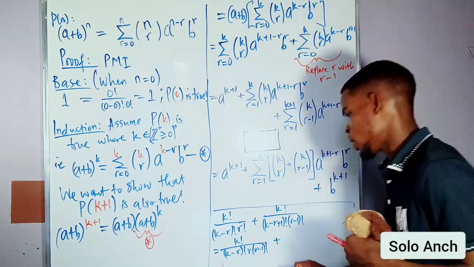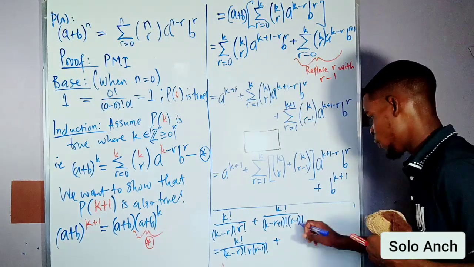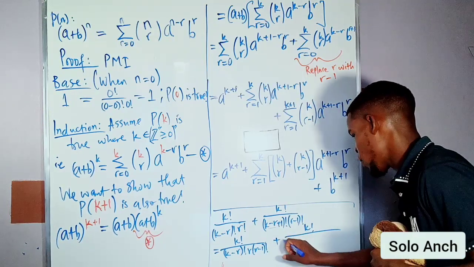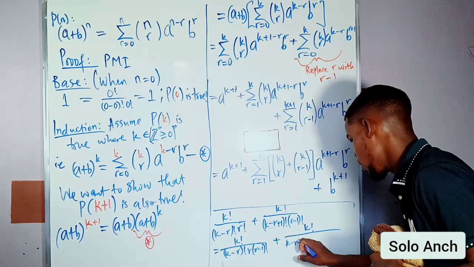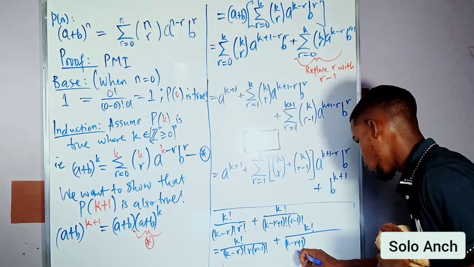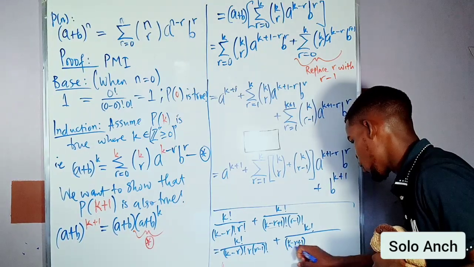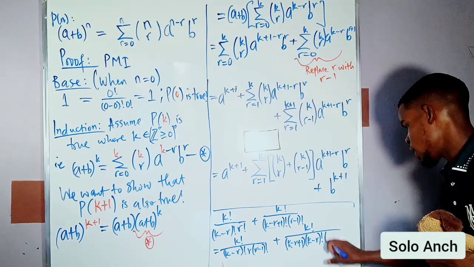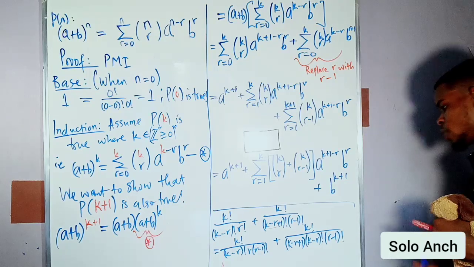We add it with, for this other one, the k factorial divided by k minus r plus 1 times k minus r factorial, then this one stays the same, r minus 1 factorial.